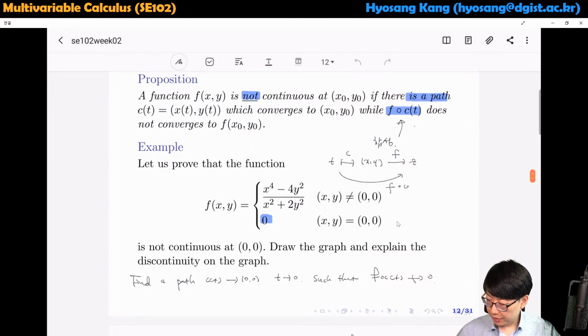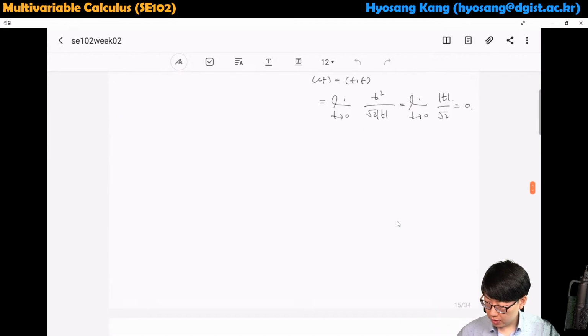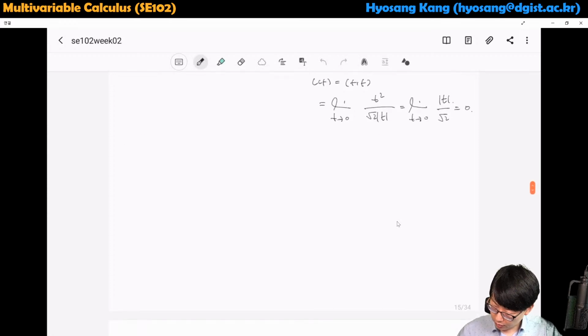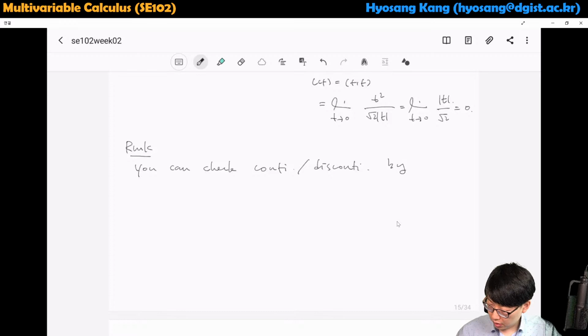So let me summarize. You can check your continuity or discontinuity by the epsilon delta method.